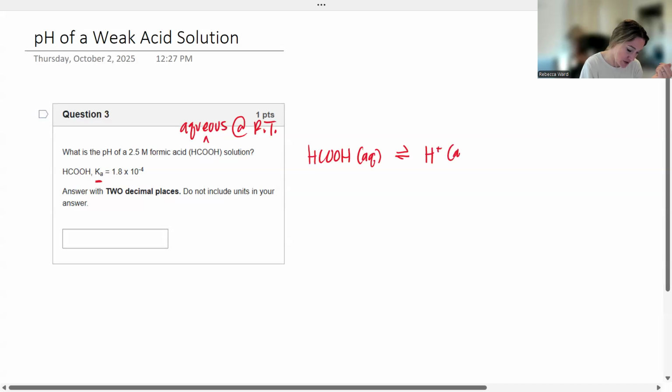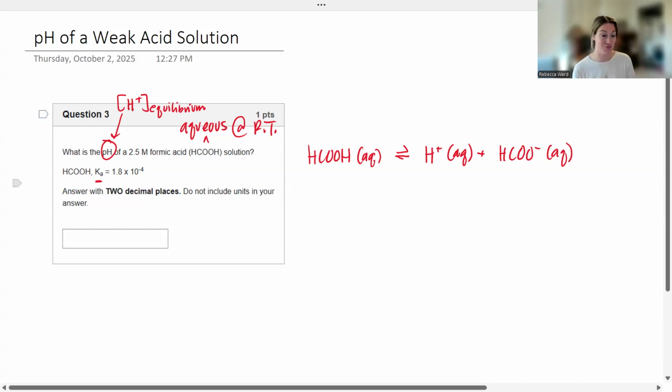Some of it will break up into H plus, and we'll have HCOO minus left over, and it's going to go back and forth. When you're asked for pH, what you're being asked for is the H plus concentration at equilibrium. That is what we need to know to calculate pH, how much H plus is in solution.